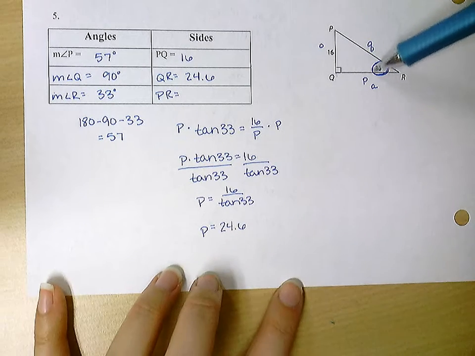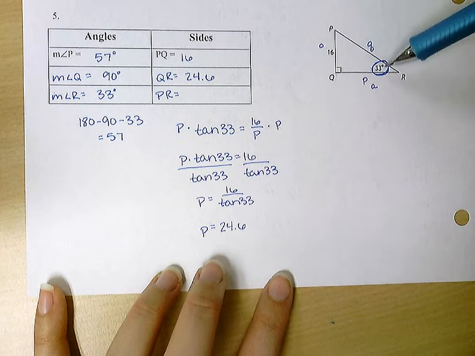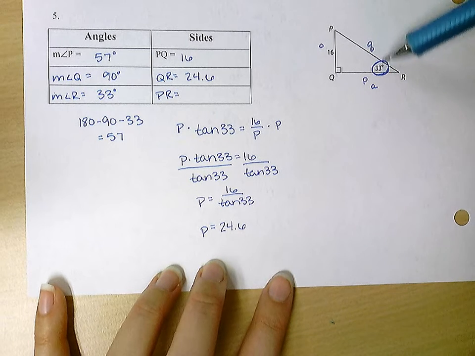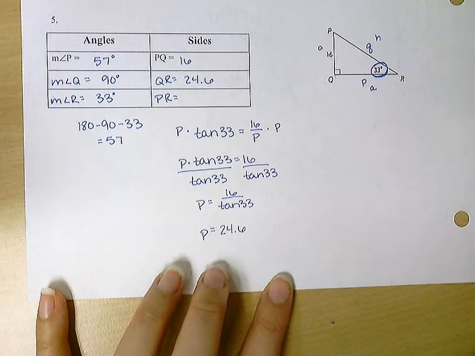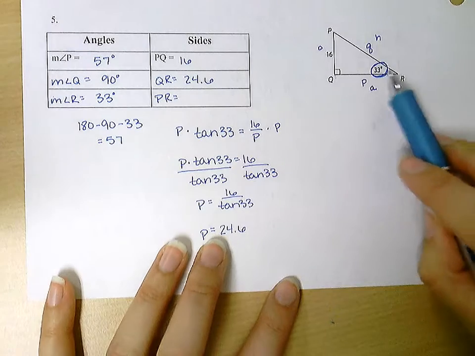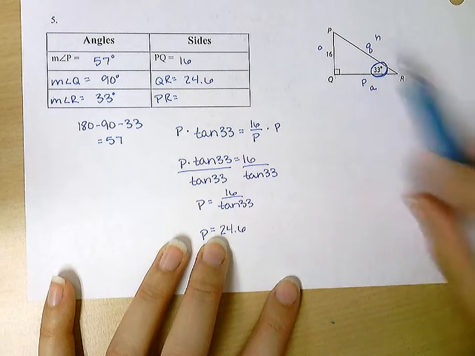Here I'm going to go from my angle of 33 again because I already know what the opposite side is. Now I'm trying to find this side right here, Q, and that one would be labeled H because it's the hypotenuse. Now I have O and H, so that would be sine.